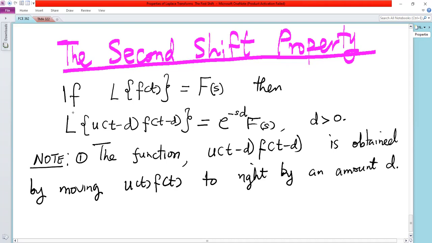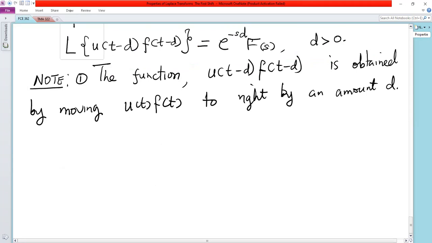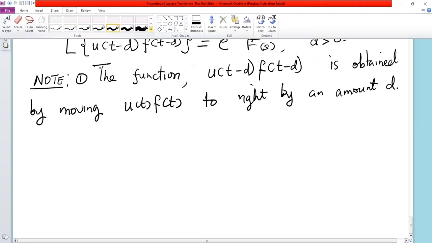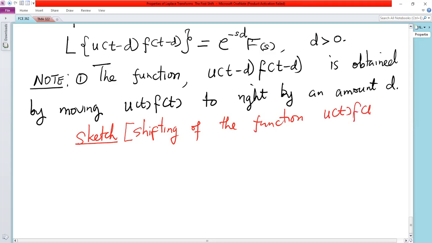So let's illustrate this on a diagram. What's happening here? Just a sketch. So shifting of the function u of t times f of t to the right by an amount d.